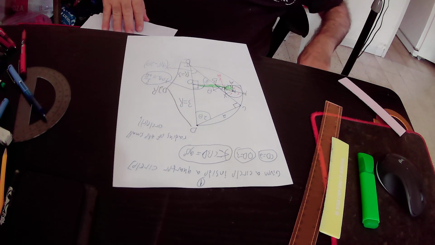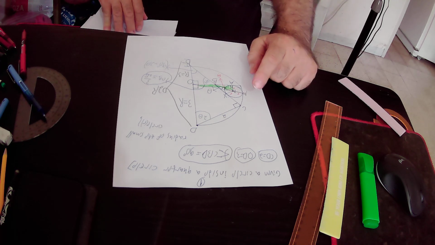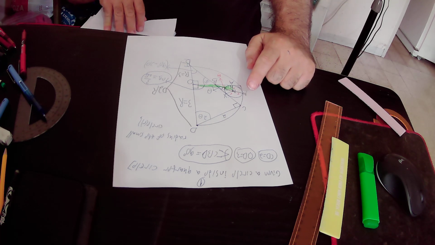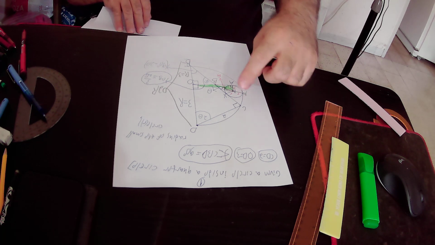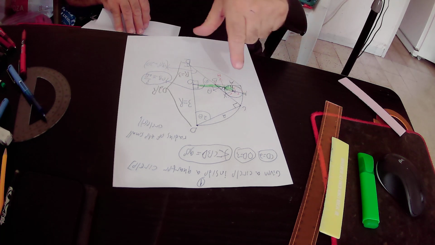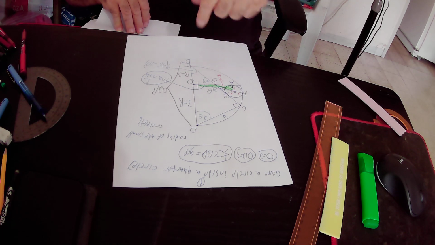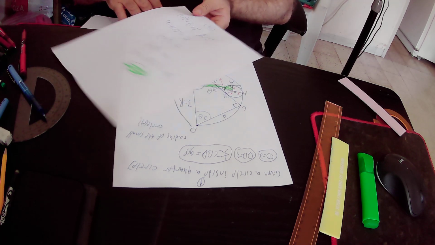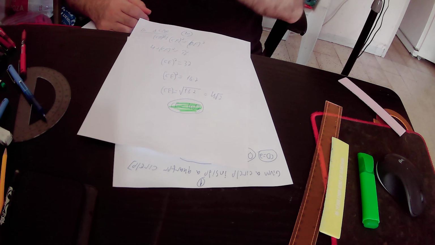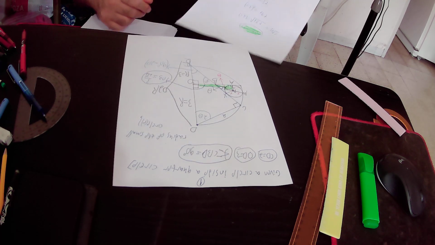And then we continue to focus on the right triangle DCE. We know that the square of the hypotenuse equals the sum of the squares of the perpendicular sides in any right triangle. So in the right triangle CDE, CD squared plus CE squared equals DE squared. CD equals 2, so CD squared is 4, plus CE squared equals DE squared.